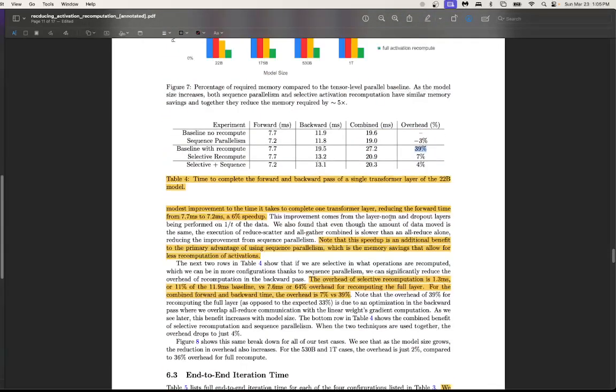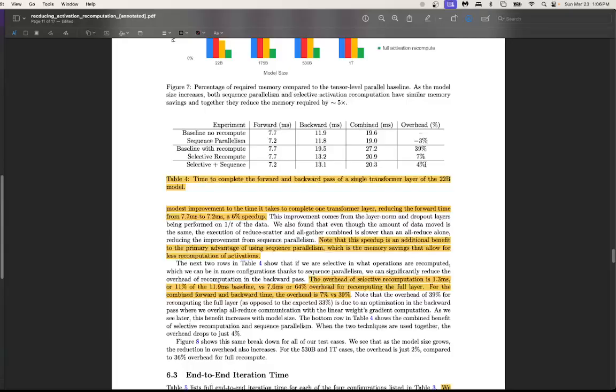But overall, with the selective recompute, there's 4% higher overhead compared to not recomputing anything, but much lower. If you just did full recompute, it's 39% overhead. So they just chose to recompute the layers that require very few flops but use a lot of activation memory. And so you get a very favorable trade-off in reducing peak memory, but only barely increasing your compute.